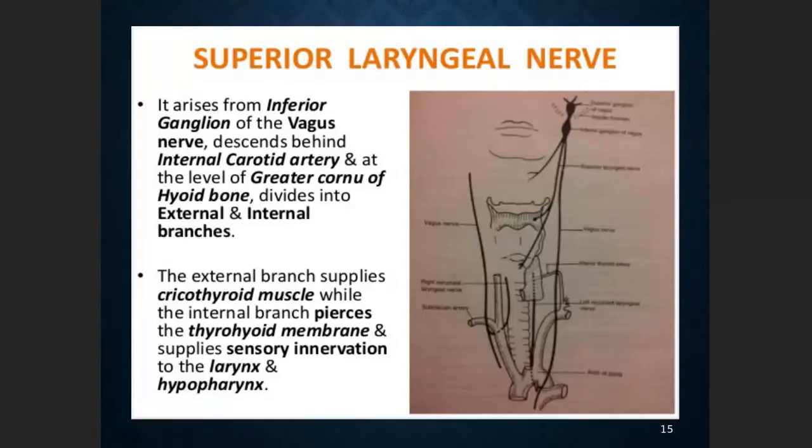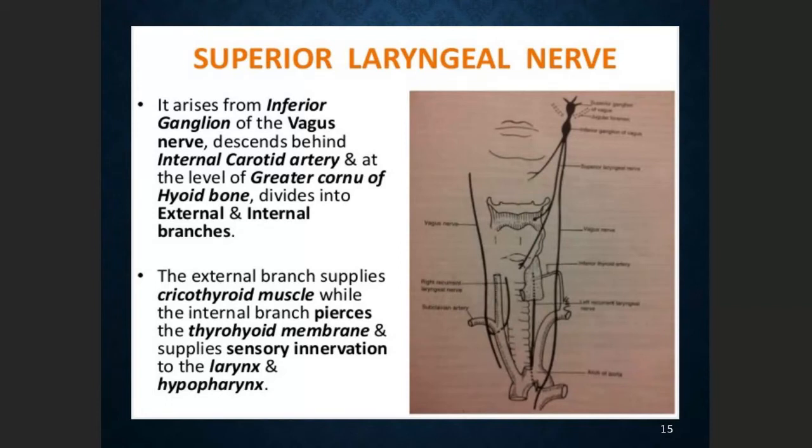Any question in the nerve supply of the larynx? Yes, Abdullah? Superior laryngeal nerve, doctor. Is it the same as external laryngeal nerve? The superior laryngeal nerve has two branches, external and internal.